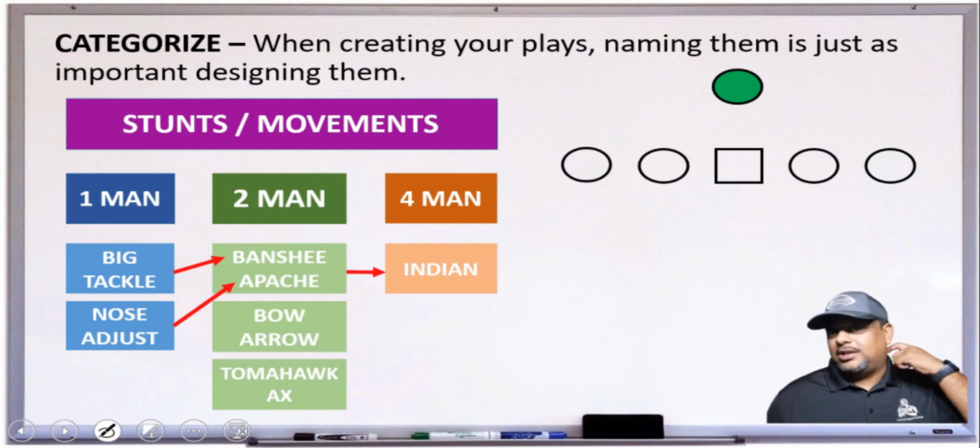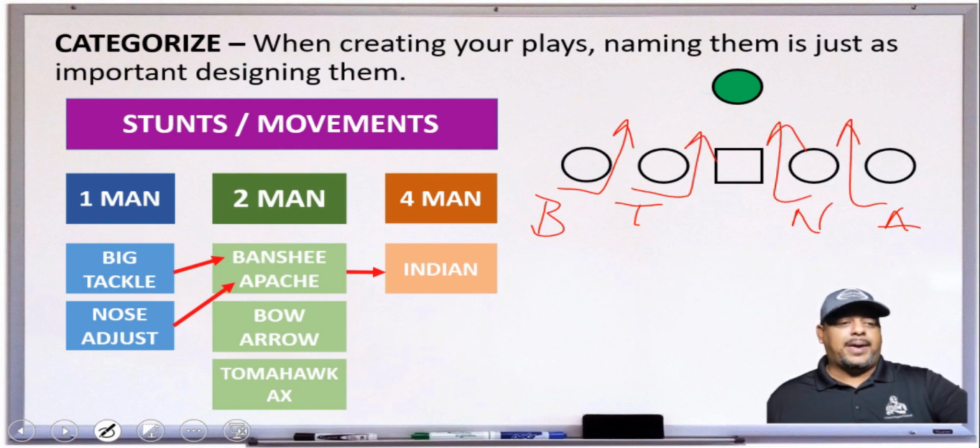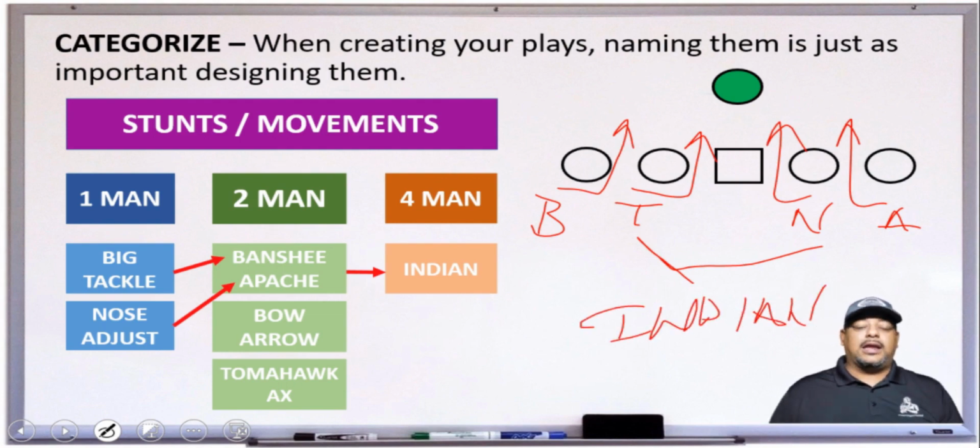So screaming is all I deal with Indians. So very simple. I just created my Banshee. Just created my Apache. If I want them both together, that's how we go Indian. All right? Cuts down on the verbiage, but as you see, it's a progression and it grows into something.